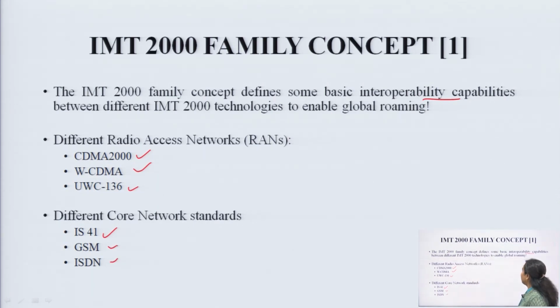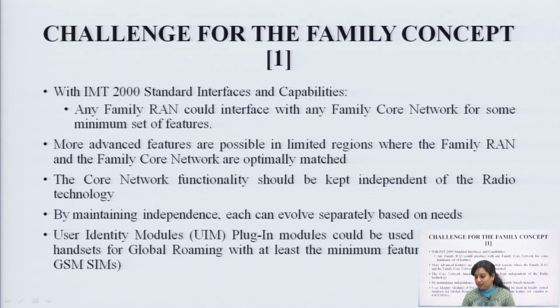So, this is the IMT-2000 family concept, like different radio access networks are there, different core network standards are there, which will be allowed with this particular IMT-2000 technique. Now, these are the challenges for the family concept, with the IMT-2000 standard interfaces and capabilities.